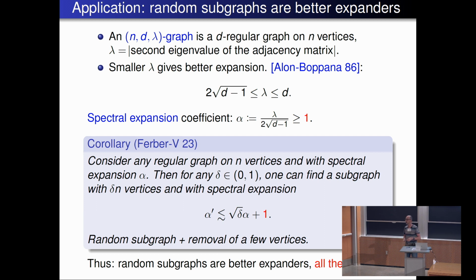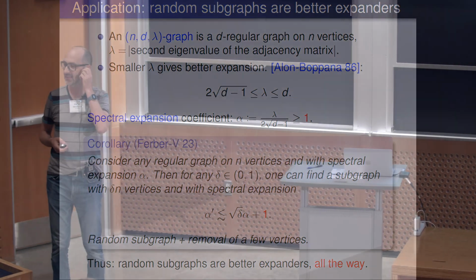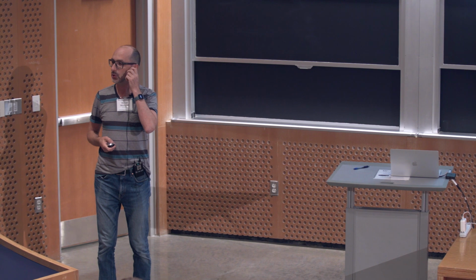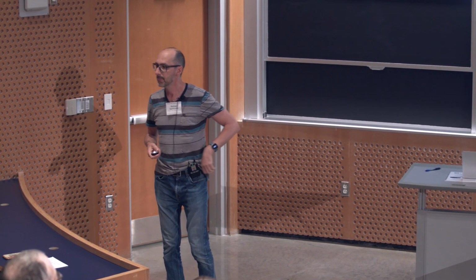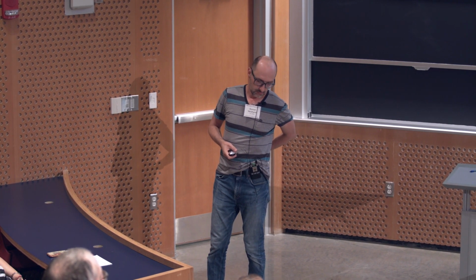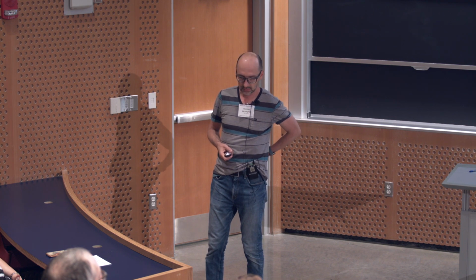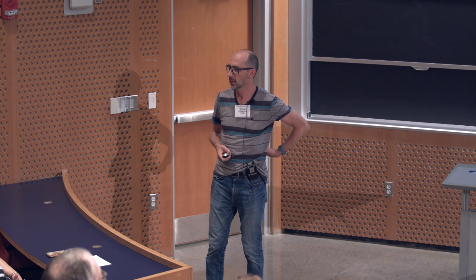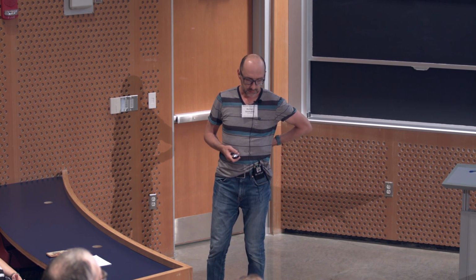Does it have any edges? I mean, you take a random subgraph. Are you taking random edges or random vertices? Oh, you were taking the vertices. Random subgraph. You might get no edges, right? Almost no edges. I have to check, I think. If it's very sparse, you mean, right? Yeah, if it's very sparse, I have to check.